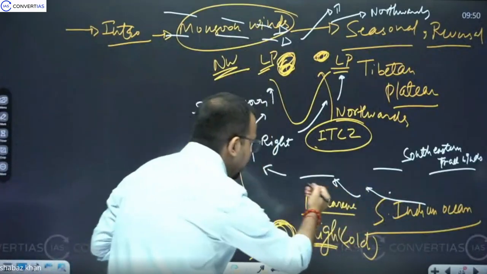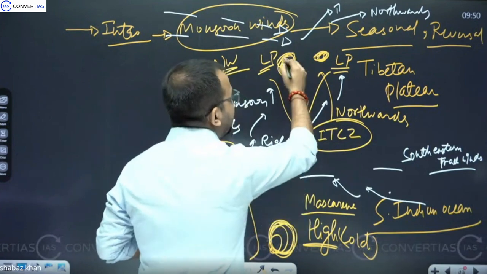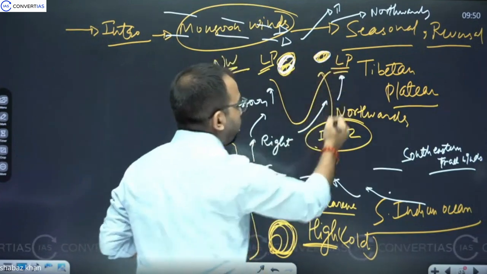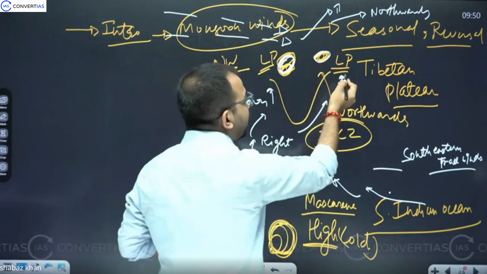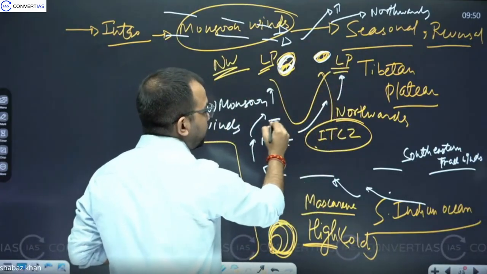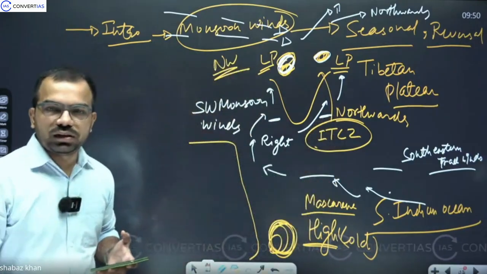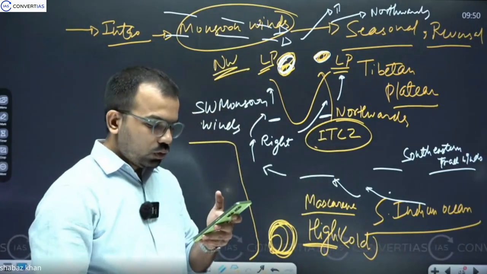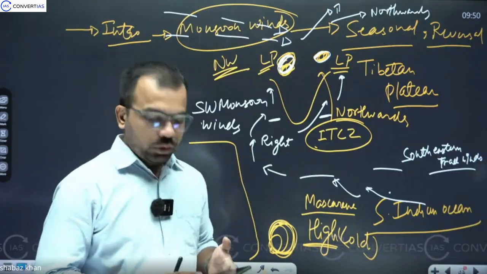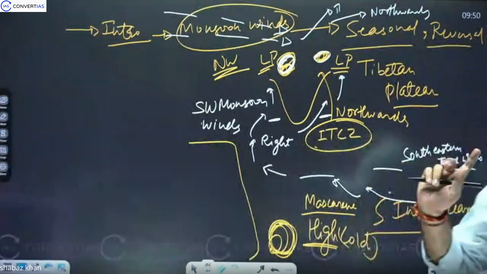Getting attracted by the Coriolis force, crossing the equator because there is low pressure there, and then getting divided into two branches. The first branch is the Arabian Sea branch and this is the Bay of Bengal branch. Do you understand this? Superb.